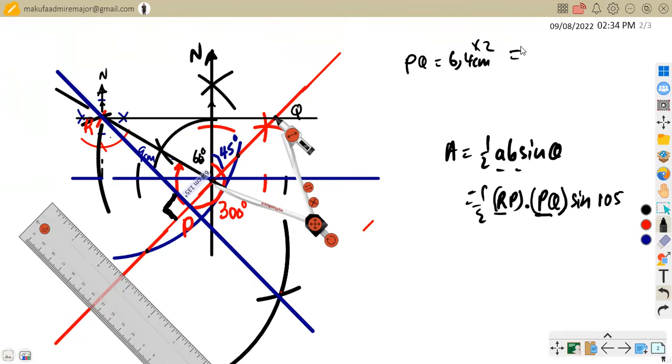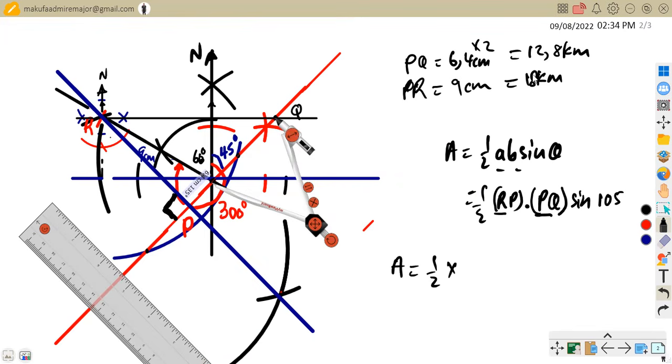So 6,4 times 2 is going to give us something like 12,8. So this will be 12,8 kilometers. And your PR is the one that you were given before. Remember, it was 9 centimeters, which we took from that 18 kilometers.